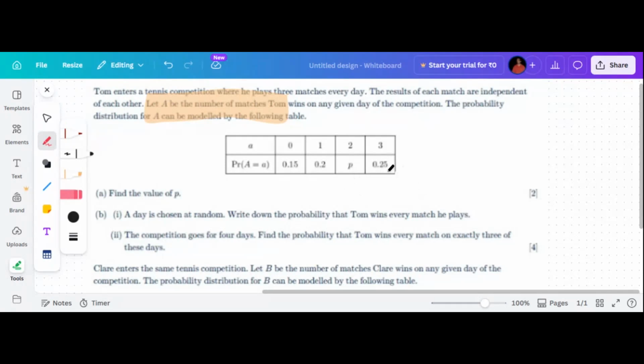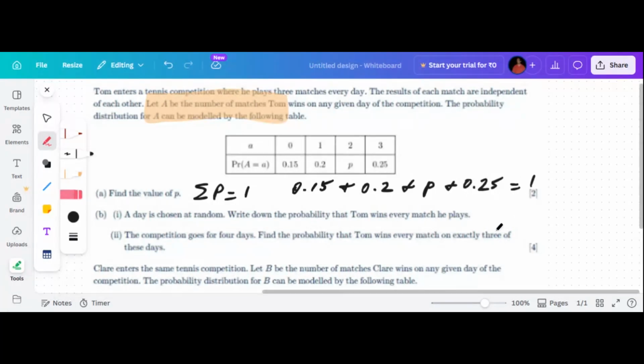So the sum of all these probabilities should be equal to 1. Sigma p should be equal to 1. Therefore, 0.15 plus 0.2 plus p plus 0.25 is equal to 1.